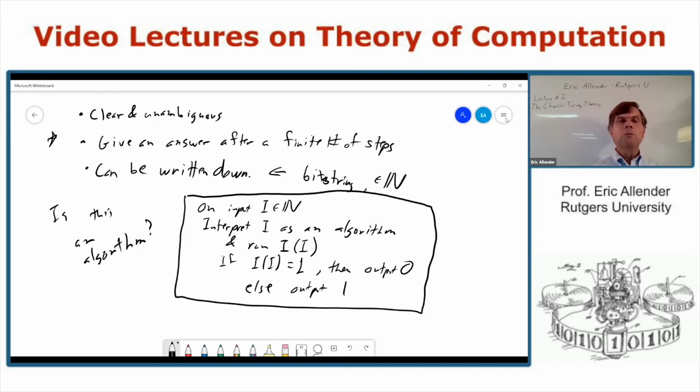Not because any of them were really interested in infinite loops, but because they had different approaches to modeling what seemed like computation to them, and what they came up with allowed certainly the possibility of infinite loops. So in other words, they threw out what seems like a pretty important idea that you'd want an algorithm to do, which is to give you an answer after a finite number of steps.